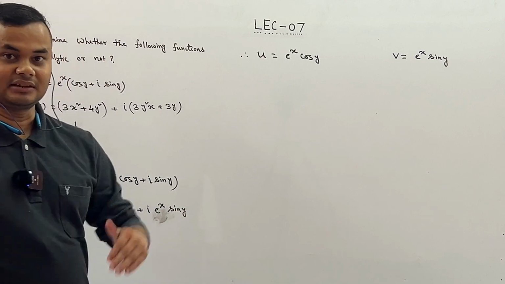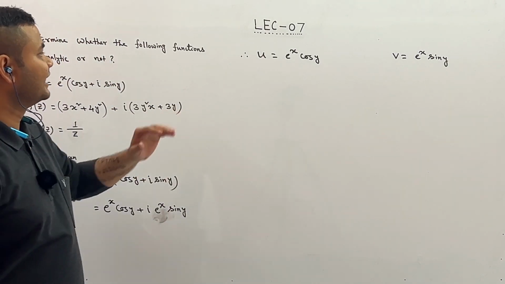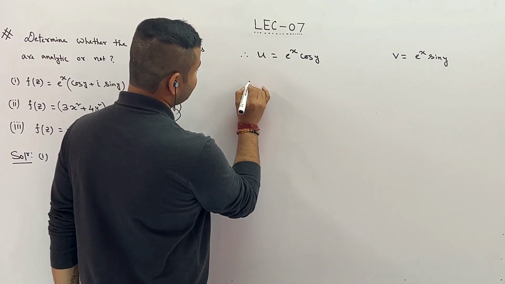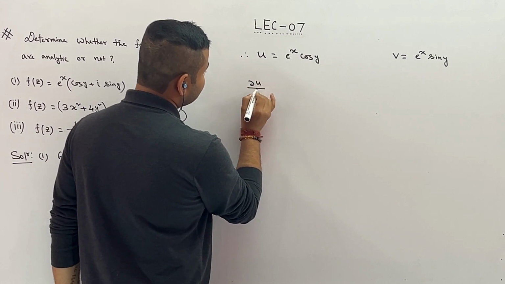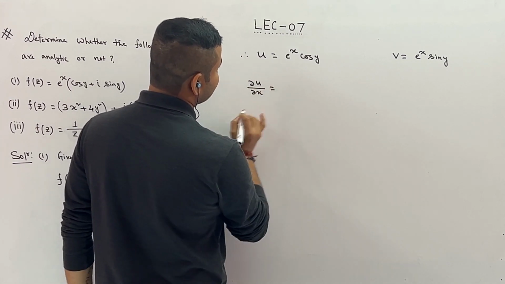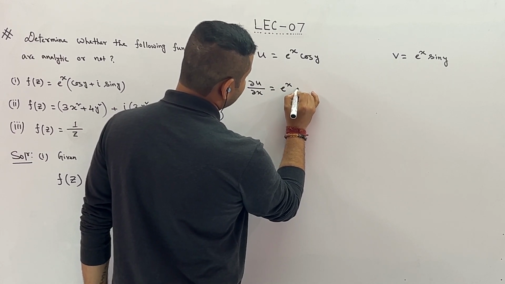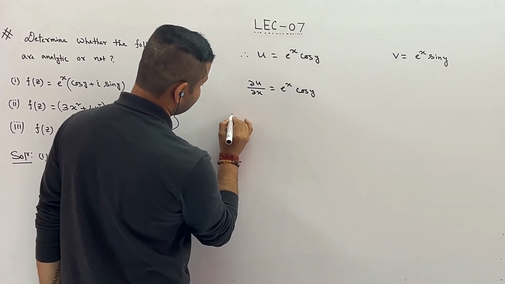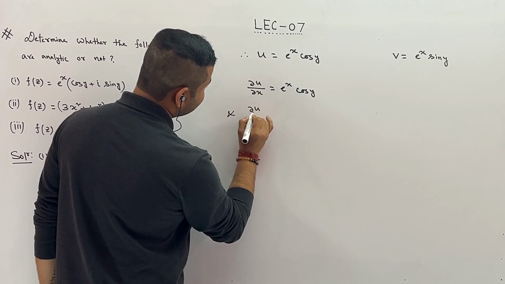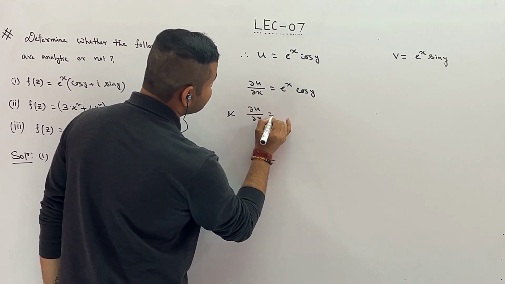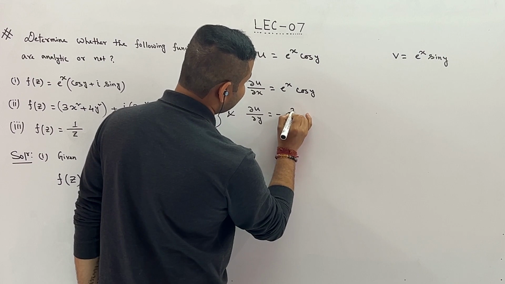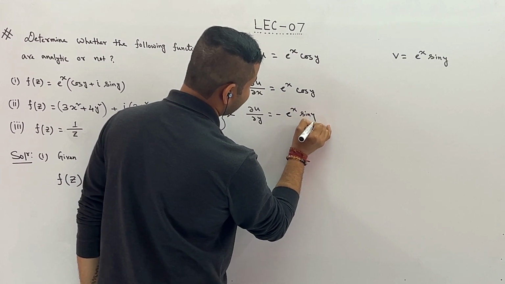Now let us calculate del u by del x and del u by del y. So del u by del x is equal to e to the power x cos y, and del u by del y is equal to minus e to the power x sin y.